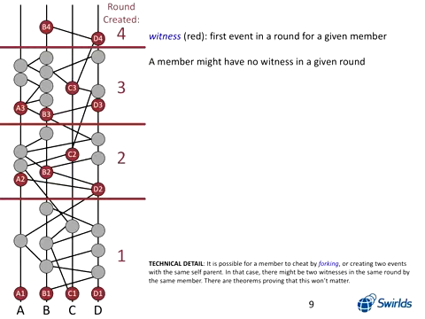And so the fact that we divided things up into rounds lets us pick the first by each person in a round, which is called a witness, and that lets us narrow down our expensive calculations to just a 20th of the population if there's 1,000 of us. With 4 of us, you can see there's a little bit higher fraction, but still, most of the vertices in this graph are gray. It's a minority that are red. And so we've saved time.